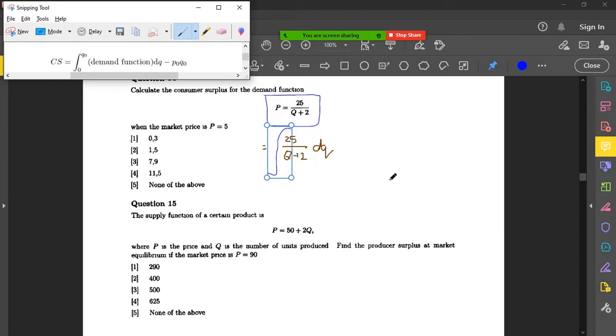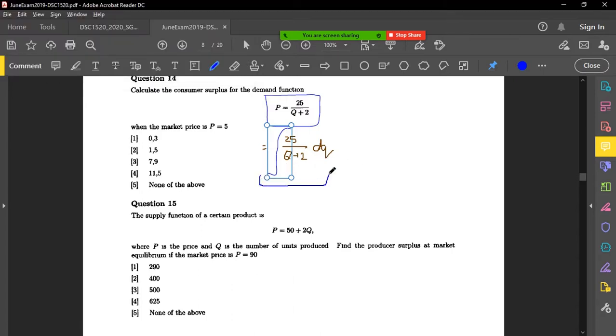Okay. So do I need to integrate at this point? Yes. Okay. So you need to bring it into something like that, and then from 0 to Q. Then obviously minus the PQ.